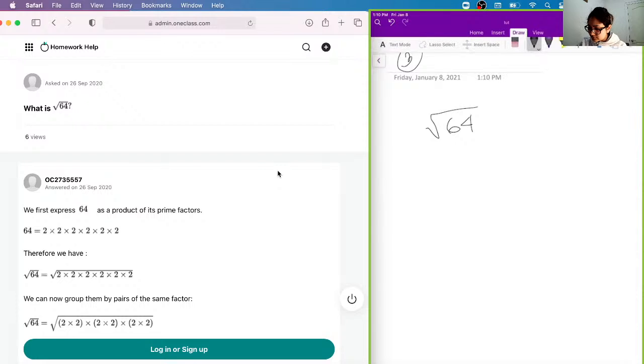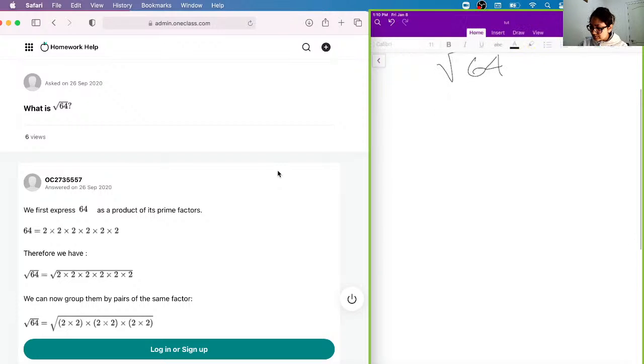And so what we can do basically is break this down. So let's have 64 and break this down into its common multiples.